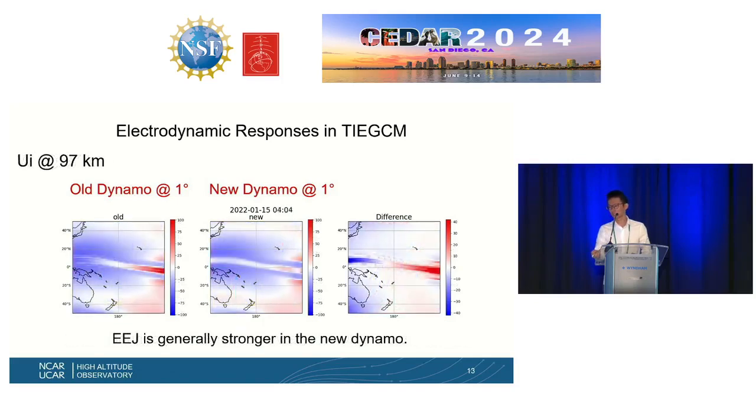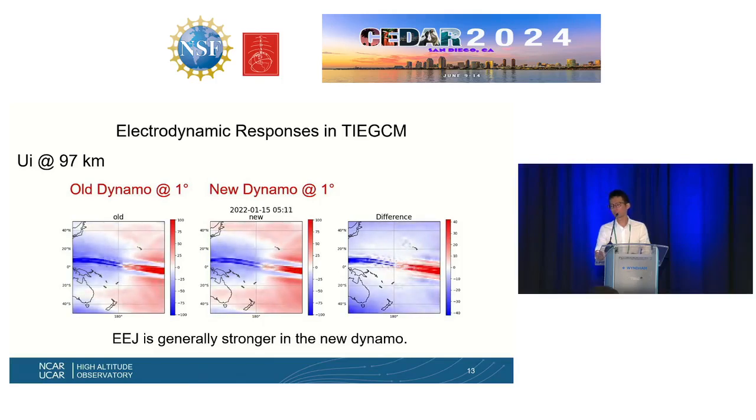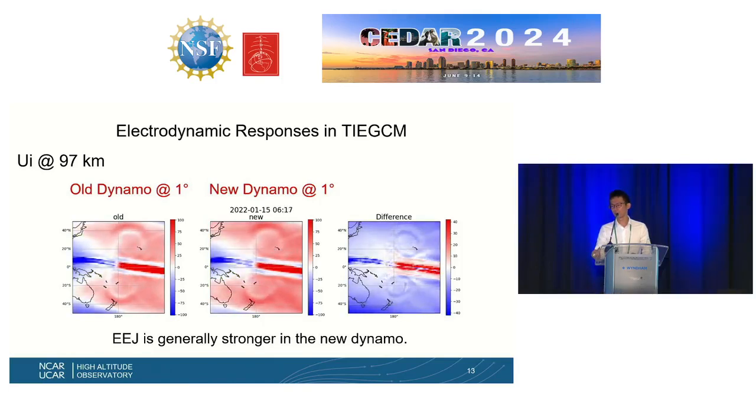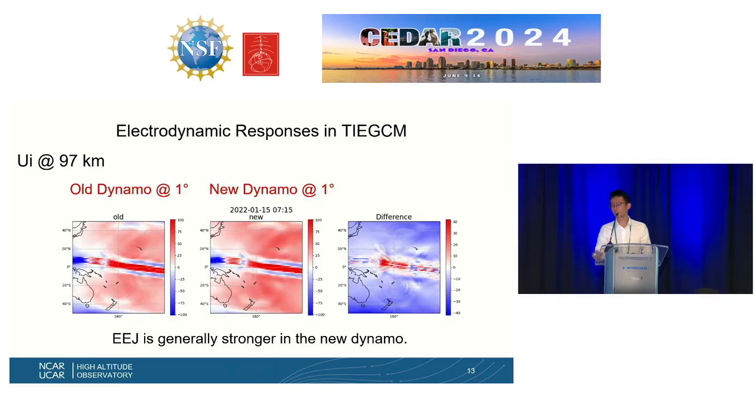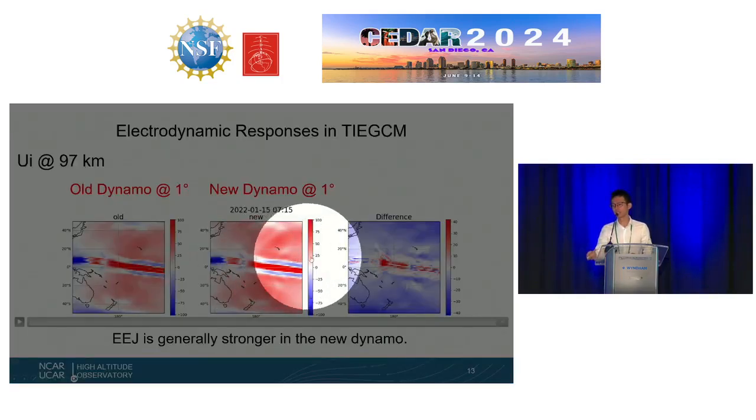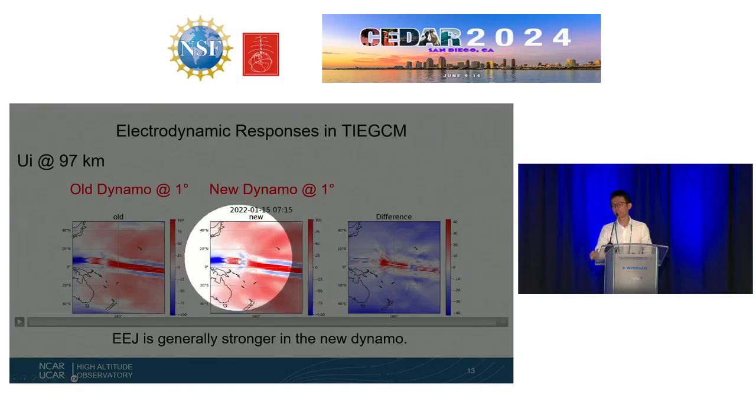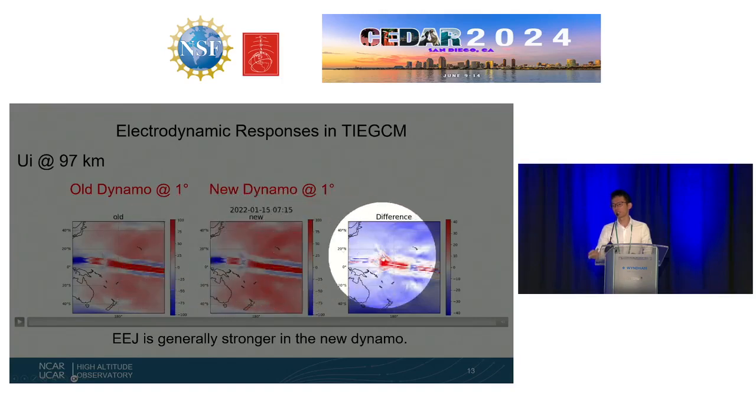If we look at the other quantities, for example the zonal drift, we also see some difference, although the color bar is pretty saturated due to the equatorial electrojet. But if we subtract the old dynamo from the new dynamo, we get this difference.